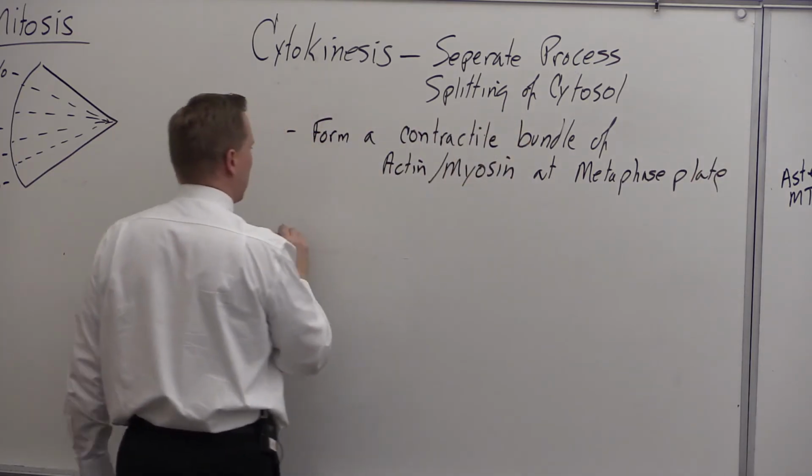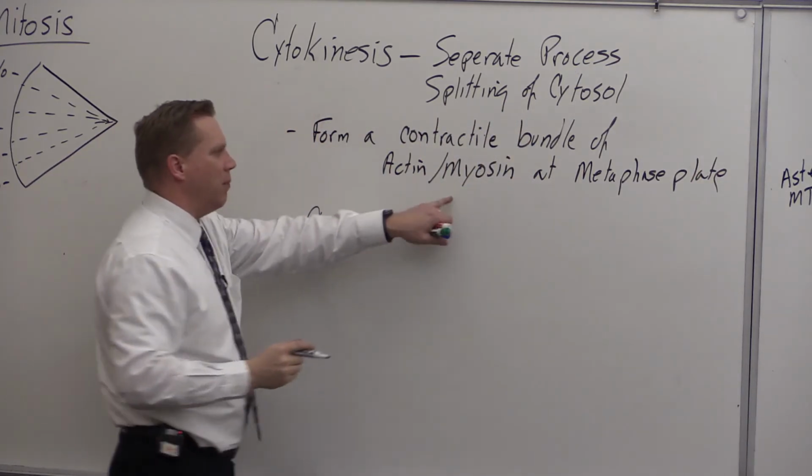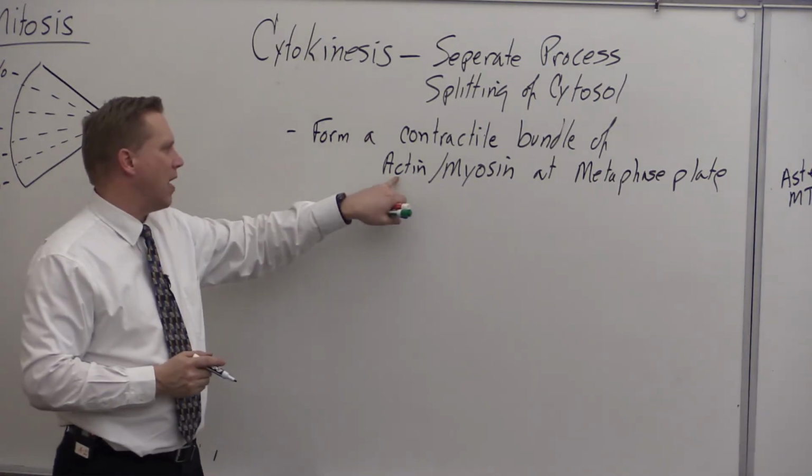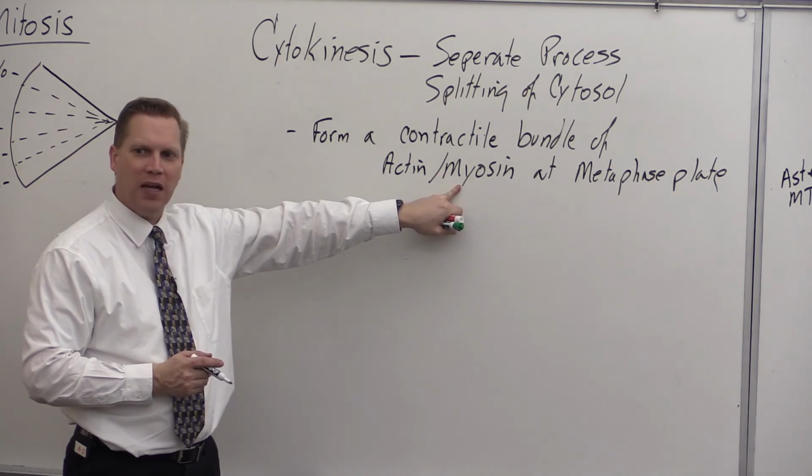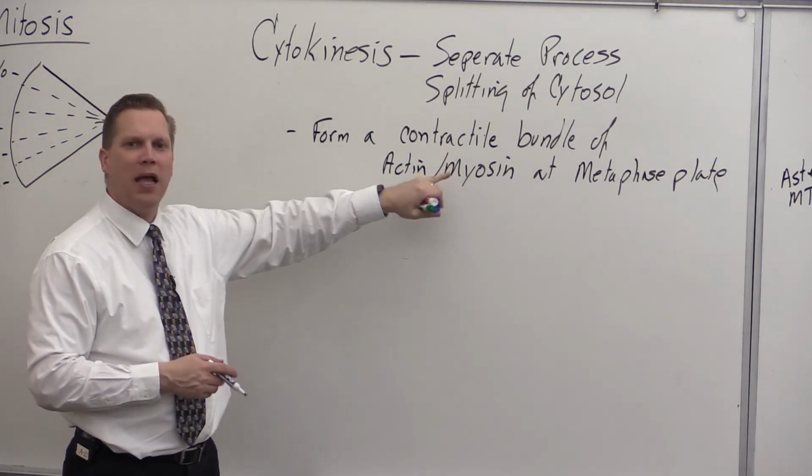And then we're going to get contraction. Remember, actin and myosin, these are the two components. Actin is the cytoskeleton protein. Myosin is the motor protein. These are the same two proteins that make up muscle.